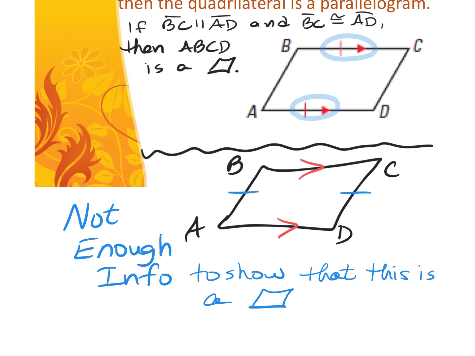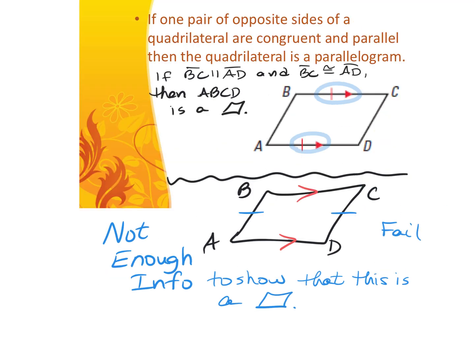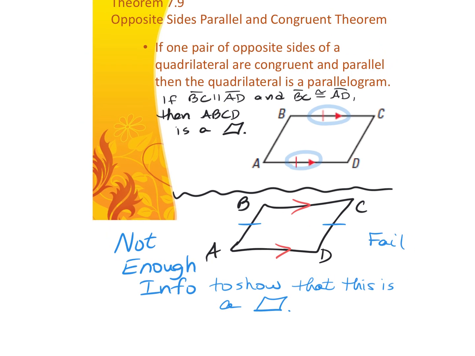You would need more information. So this is a fail, not enough. And in order to use this theorem, the congruency mark and the parallel have to be on the same pair. You can't have a marking on one pair and then the other marking on the other. It has to be on the same pair. So if it's on 2 separate pairs, it's not enough information. It potentially could be a parallelogram, but with just those pieces of given, it's not enough information.